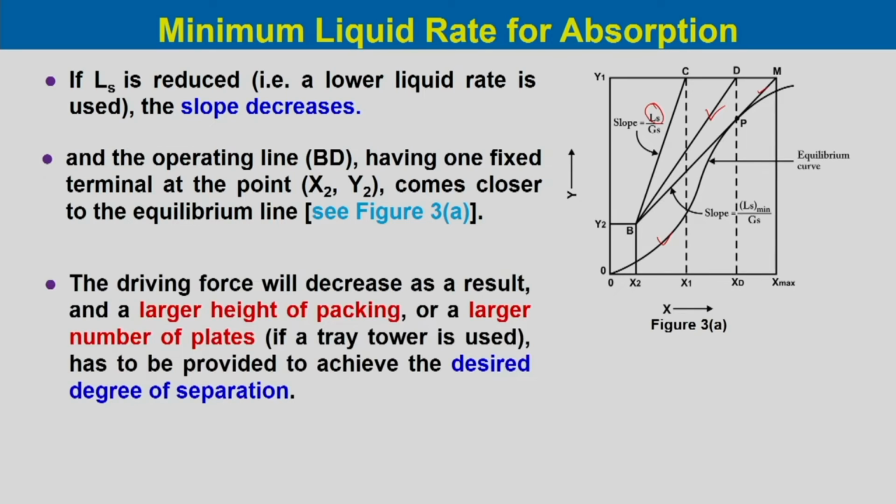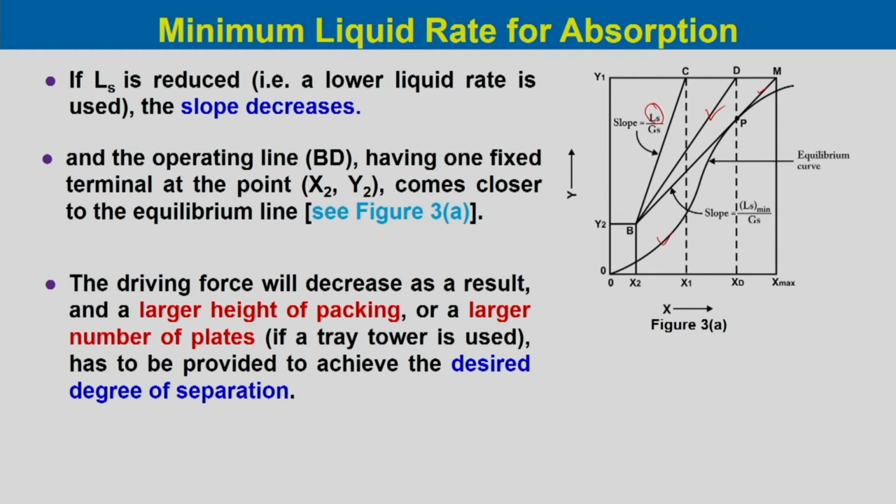The driving force will decrease as a result. As we said at the beginning, the departure from the equilibrium line is the driving force for mass transfer. So, the distance between the operating line and the equilibrium line represents the driving force.